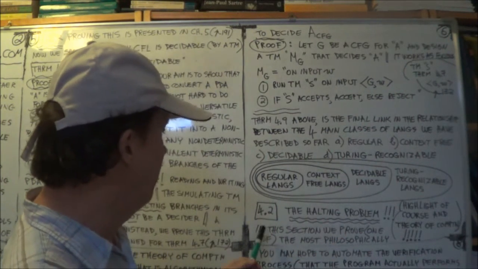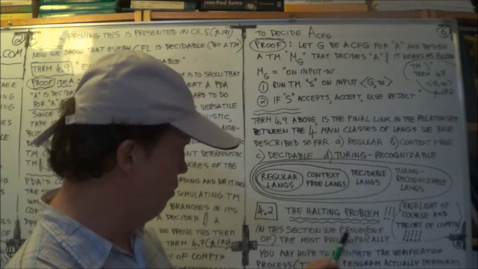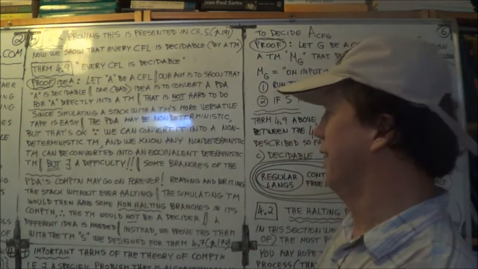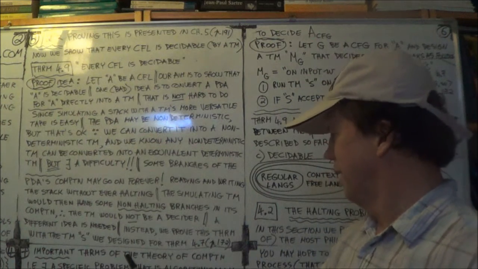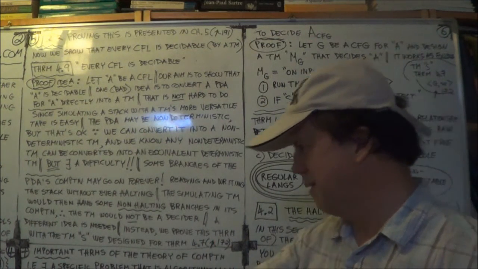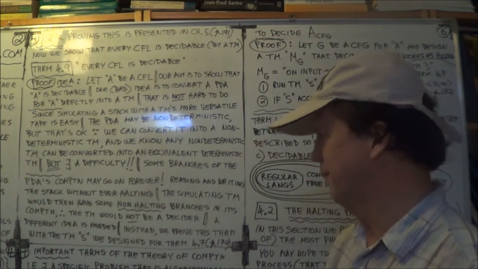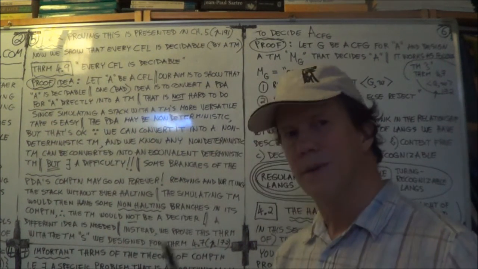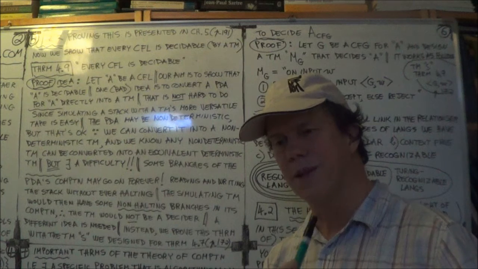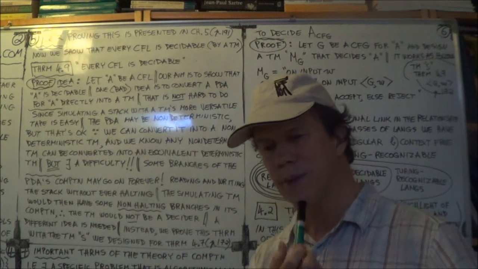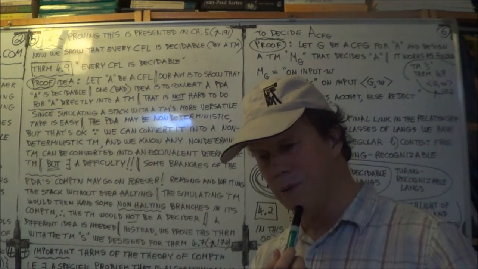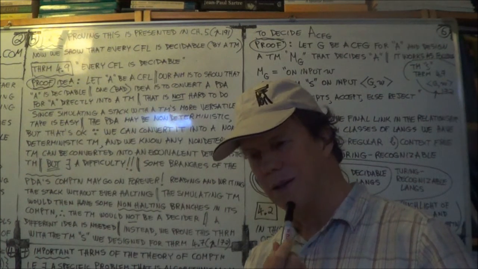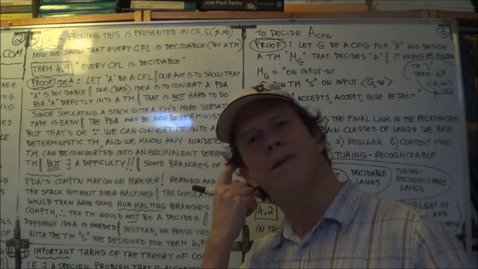Okay. Now in this section we prove one of the most philosophically important theorems in the theory of computation. That is, there's a specific problem that is algorithmically unsolvable, underlined three times. What that's saying is that there are some problems that you can find no algorithm for, no Turing machine that can decide, give a yes or no answer to that question.